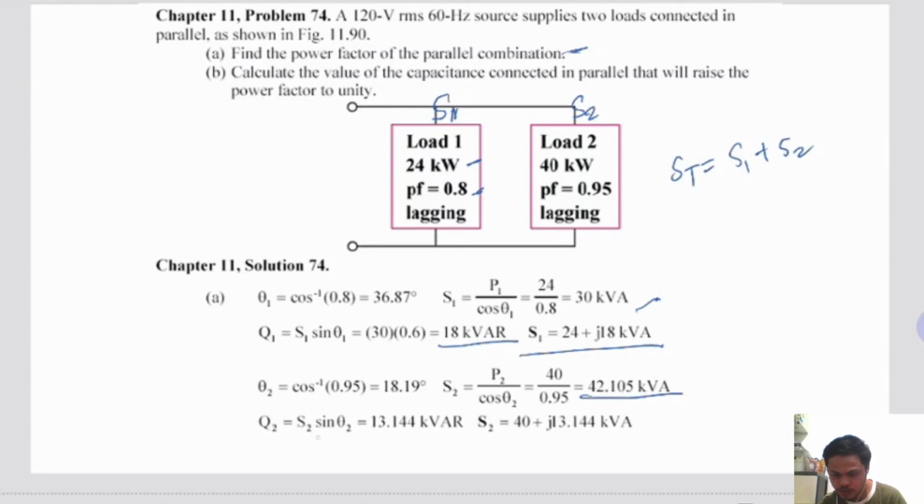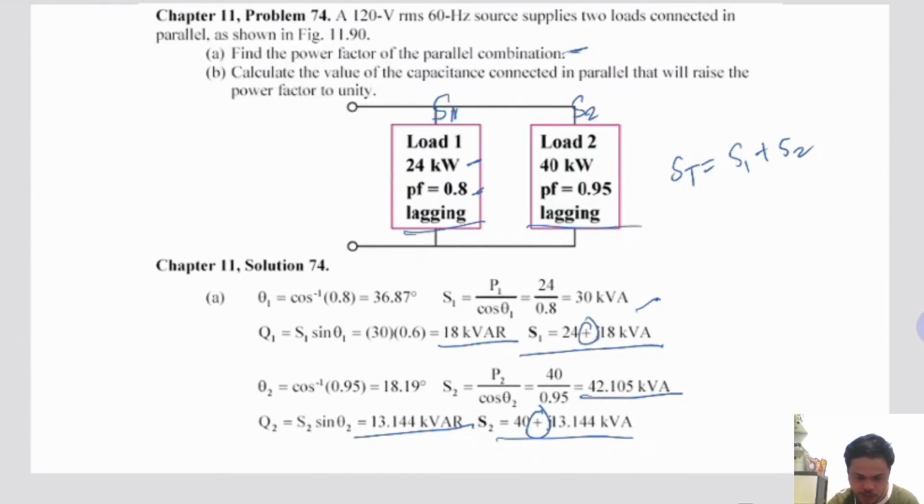Q2 is this one. So therefore, our S2 is 40 plus j13.144. Since both loads are lagging, this one is positive.